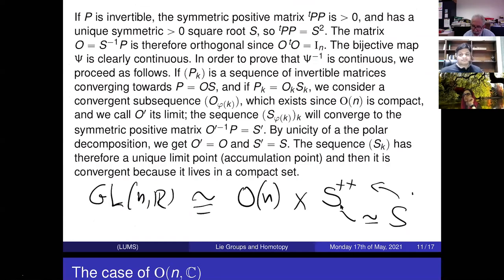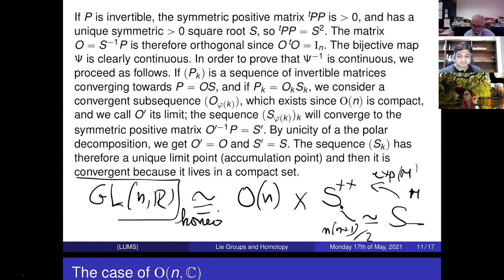If you take a symmetric matrix and take its exponential, you get a symmetric positive definite matrix, and you have a homeomorphism. This set is a vector space of dimension n times n plus 1 over 2, and you get that GLNR topologically is essentially ON.